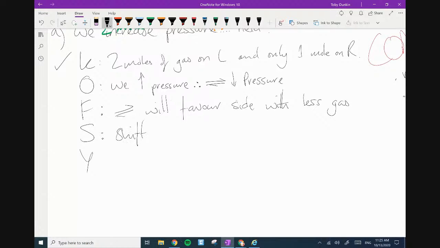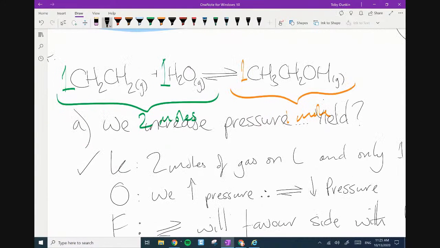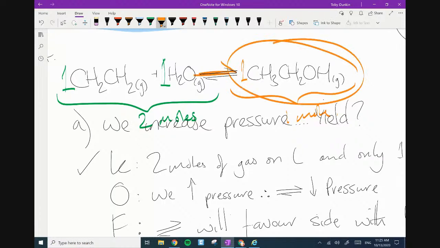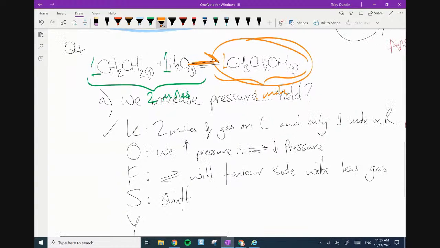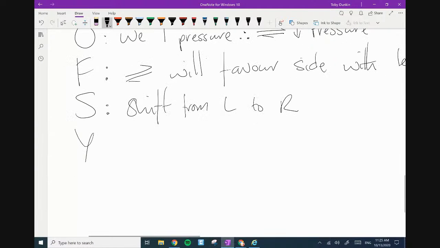At this point, we need to look at this. Favor the side with less gas. It's going to go in that direction. It's going to favor the side with less gas. Shift left to right. Equilibrium will shift from left to right. The yield of ethanol will increase.